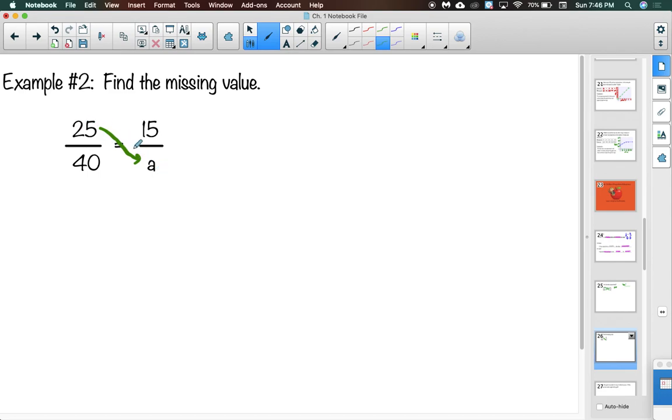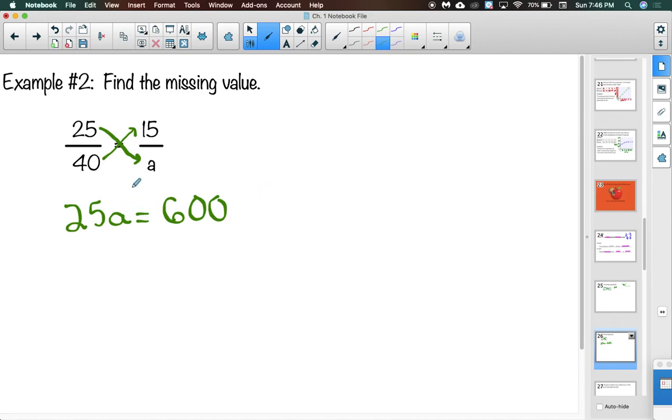So I start with 25 times a, and I write that as 25a. And then I bring down my equal sign, and then I multiply the other diagonal, 40 times 15, and 40 times 15 is 600. So what happens is we take our proportion, we write the cross products as an equation.